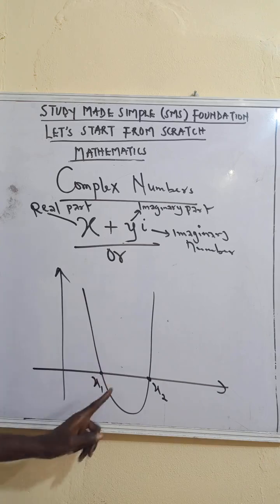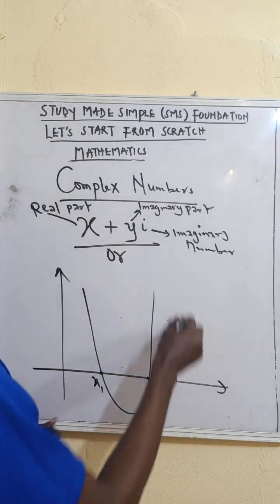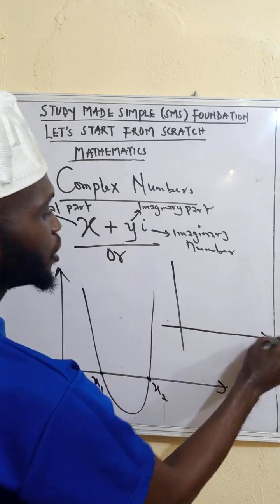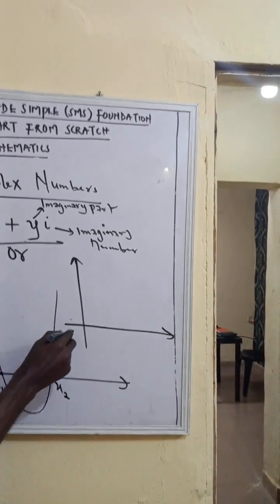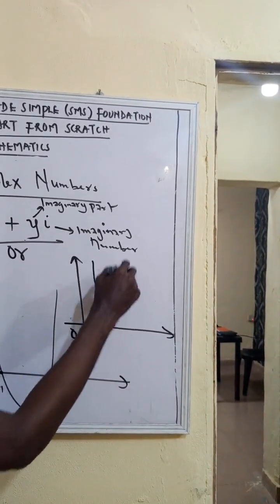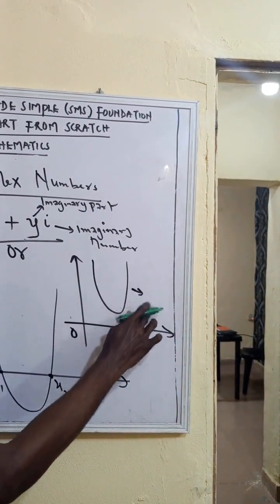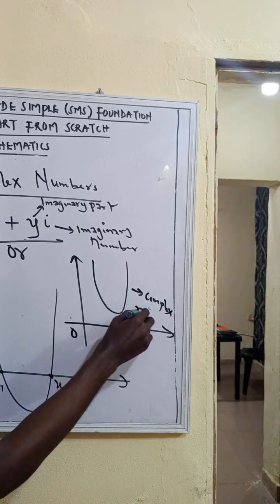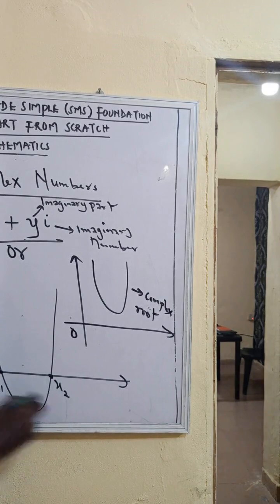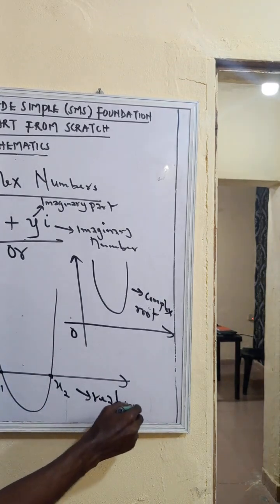But for a quadratic that leads to complex numbers like this, the graph will not cut across the x-axis at all. Instead, it will be floating on top like this. So this indicates that the roots are complex roots, while these ones that cut across the x-axis are known as real roots.